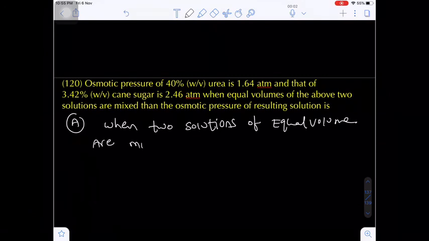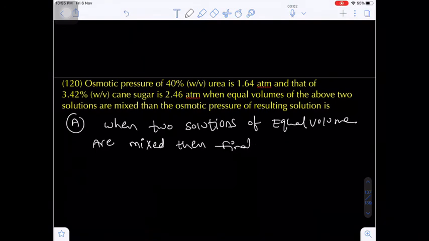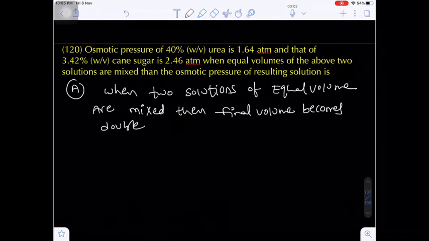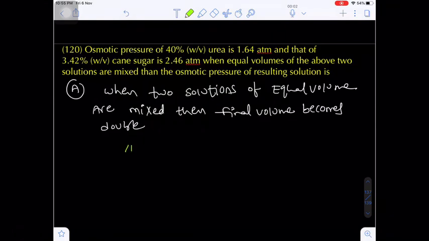are mixed, then the final volume becomes double, because when two solutions of same volume are added, what is the final volume of the resulting solution? It becomes double. Now what is the osmotic pressure formula?